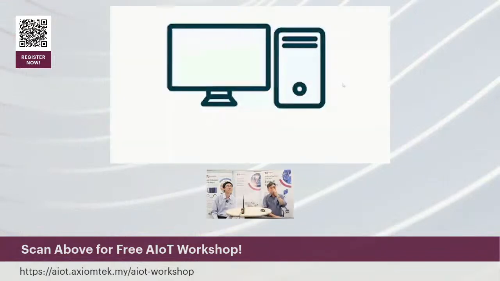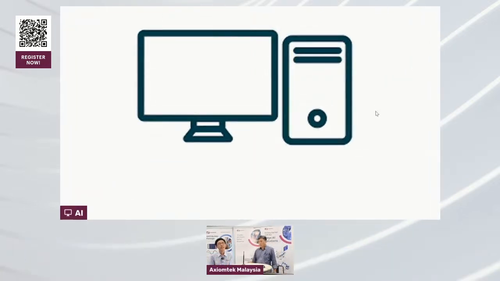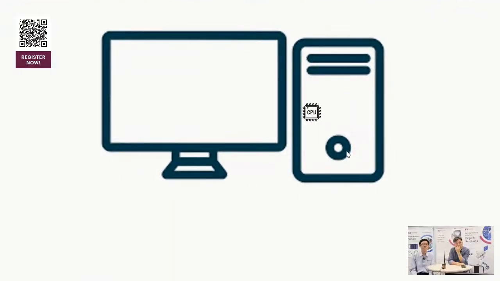Yeah, thank you. I need to share the slide. What you see here is a desktop PC. Usually when you want to start training your AI model, you need a PC, and definitely you need a CPU. Usually we use the Intel CPU, and most deep learning frameworks support the Intel platform.